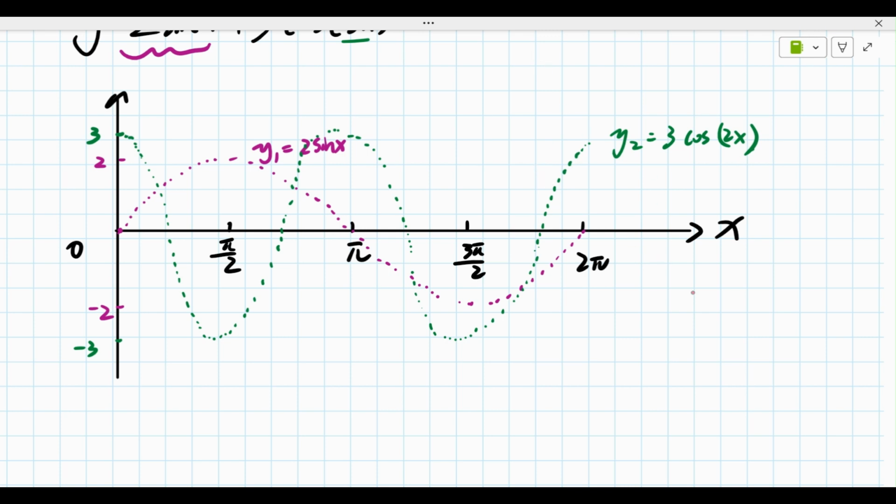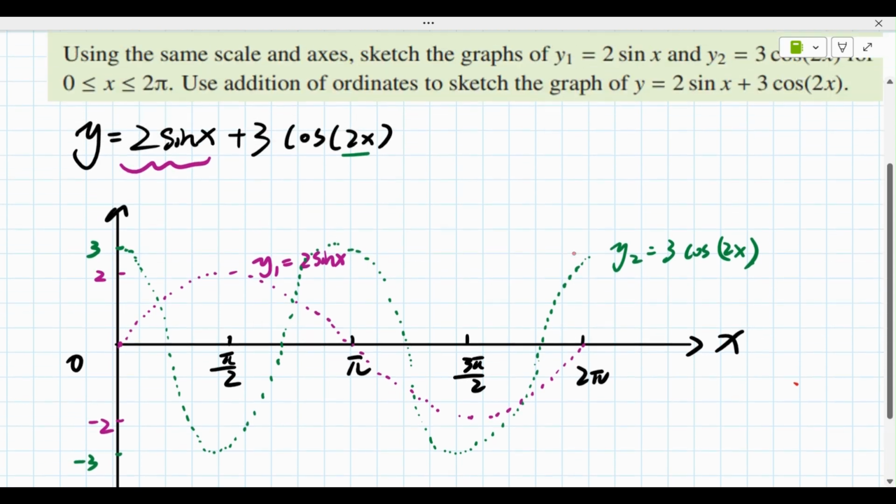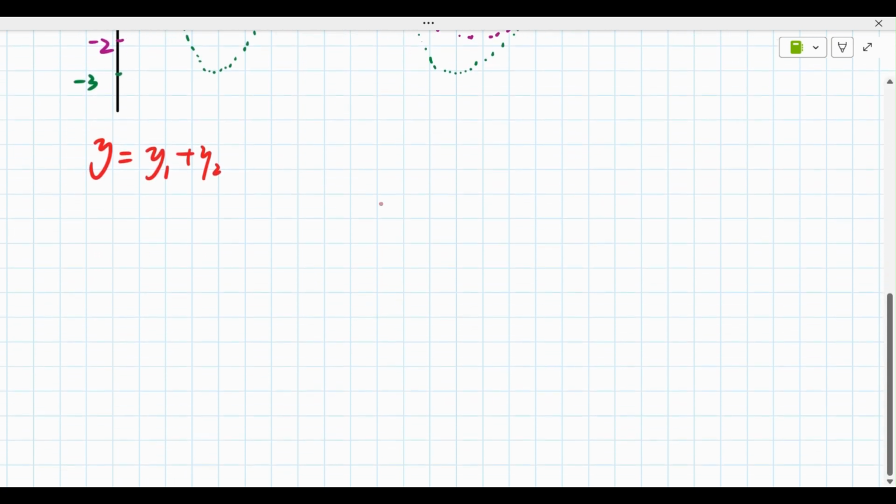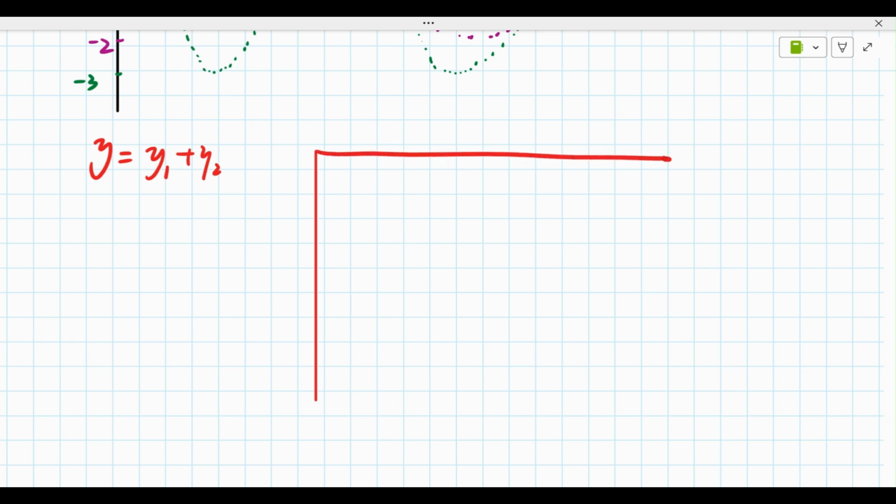And now I'm going to use red for our final graph, which is y1 plus y2. So let's have a look. The graph is showing y equals y1 plus y2. What we can do is take a table like that.